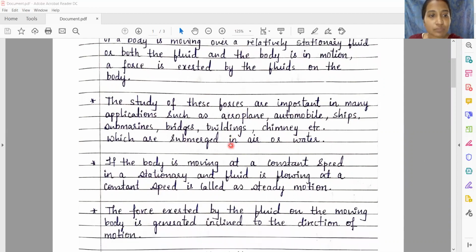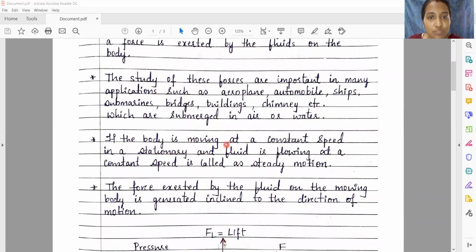Clear? If the body is moving at a constant speed in a stationary fluid, or the fluid is flowing at a constant speed, it is called steady motion. The force exerted by the fluid on the moving body is generated inclined to the direction of motion.